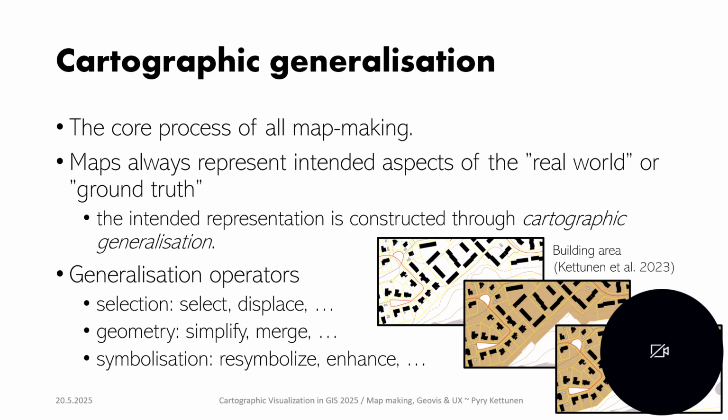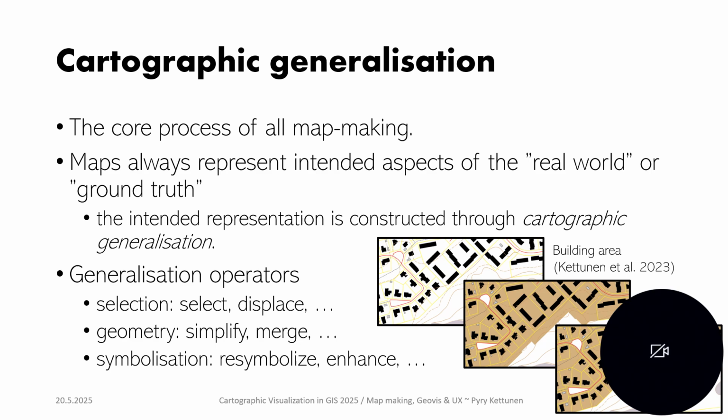And there are symbolization operators, like for resymbolizing. Now we have the building example here. So for example, giving different shapes of building types into the map.